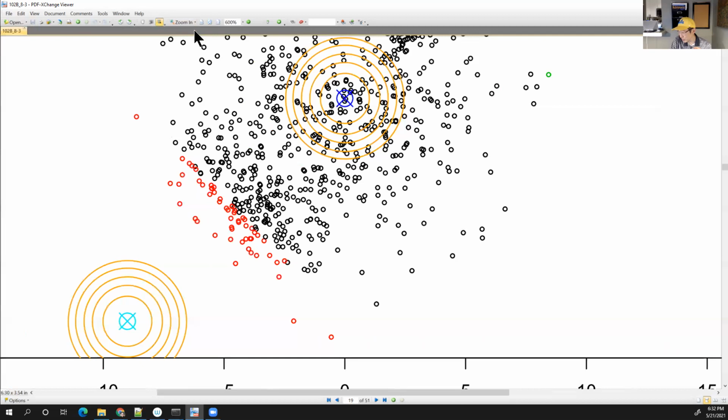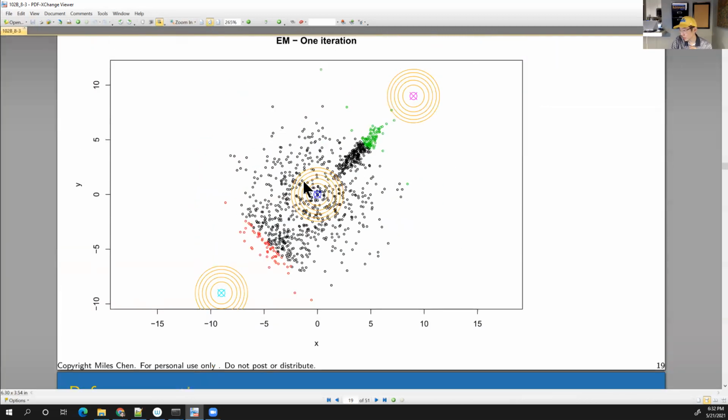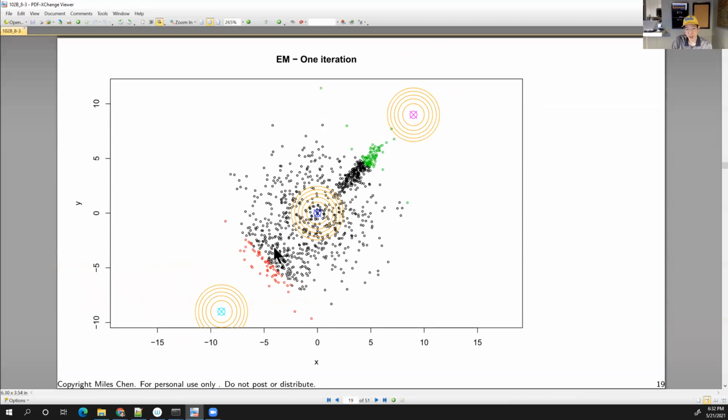As the picture would indicate, these are all probabilistic assignments. The ones in the center will probably be 99% black. These ones over here would be 99% green, and observations out closer to here would be 99% red. But again, everything gets a probabilistic assignment.